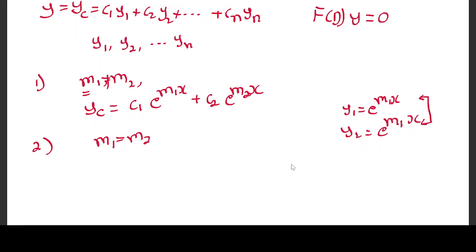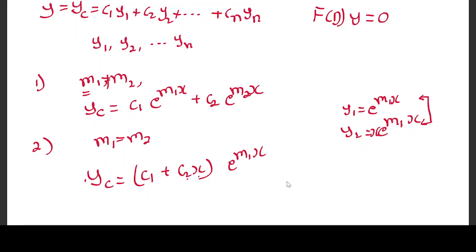We can make them linearly independent by multiplying by x here. So in that case, we write the complementary function yc as c1 plus c2x into e power m1x. So when we have a repeated root, we get c2x.